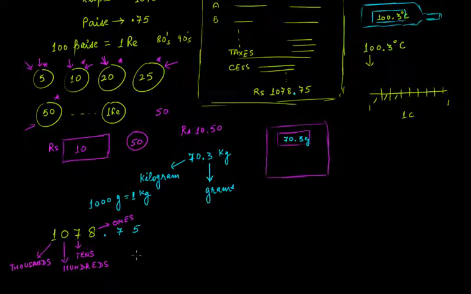So if this was ones, this was tens, this was hundreds, this was thousands, these also have place values: the first digit after the decimal point is tenths, and the digit next to it will be hundredths.